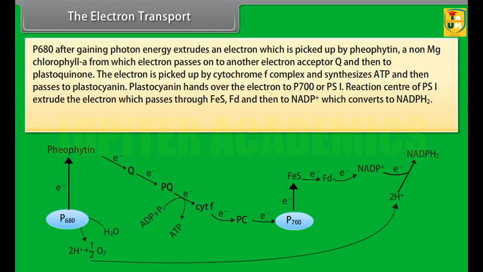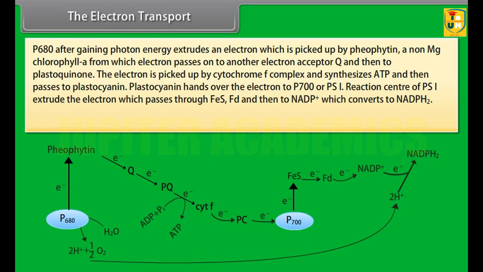P680 after gaining photon energy extrudes an electron which is picked up by pheophytin, a non-Mg chlorophyll A, from which the electron passes on to another electron acceptor Q and then to plastoquinone. The electron is picked up by the cytochrome F complex, which synthesizes ATP, and then passes to plastocyanin.